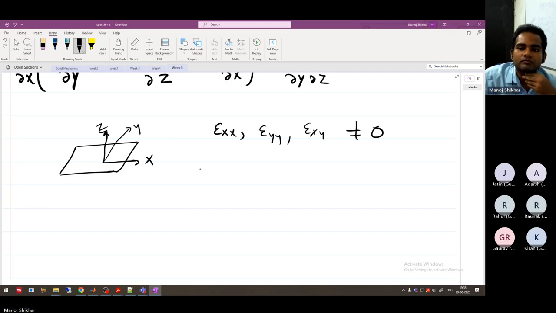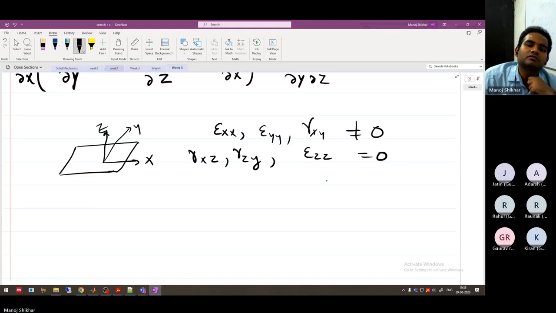But whatever has z, like gamma xz, gamma zy, and epsilon zz, these are 0. Suppose the plane was yz, then epsilon xx, gamma xy, and gamma xz would be 0. So these are called the conditions of plane strain.